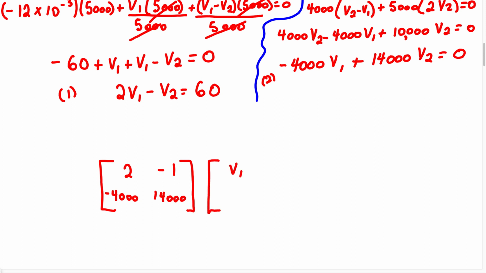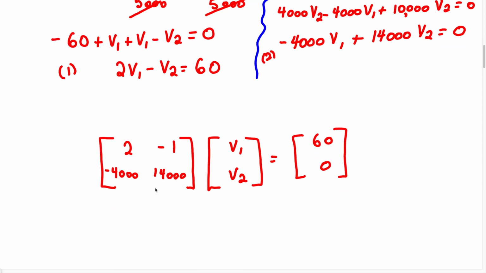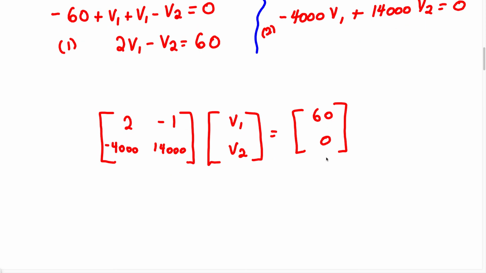We have V1, V2, and that's going to equal 60 and 0. So remember, we want to find the inverse of matrix A and multiply it by matrix B. So we want to calculate the inverse of matrix A and multiply it by matrix B.